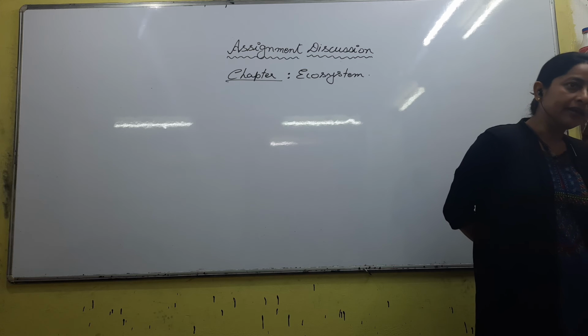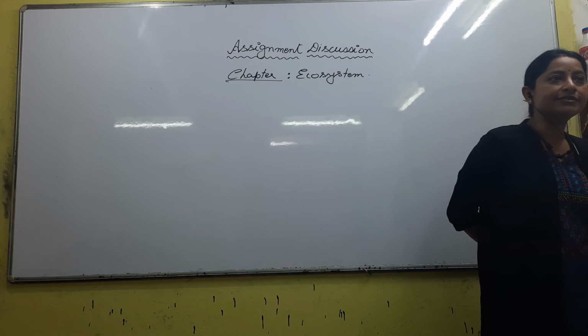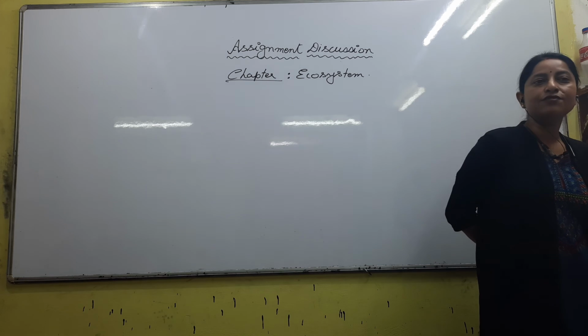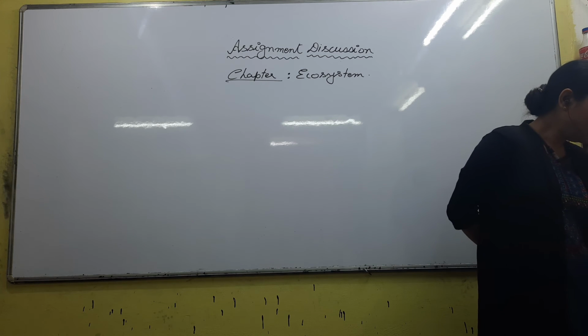Question 11: the predator food chain is also called as... what is the predator food chain called? Grazing food chain, right. Another question: the breakdown of detritus into smaller particles is called fragmentation.